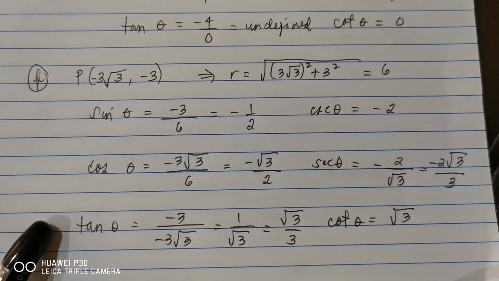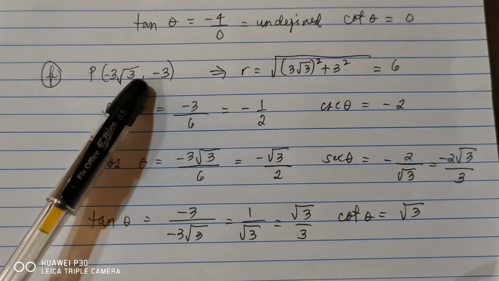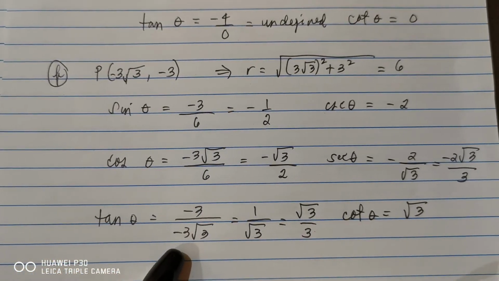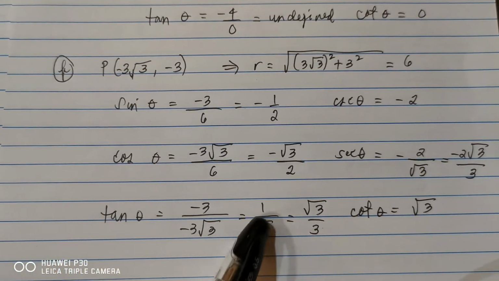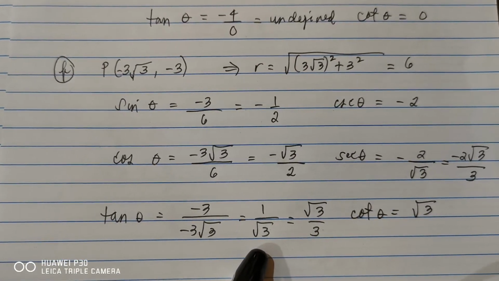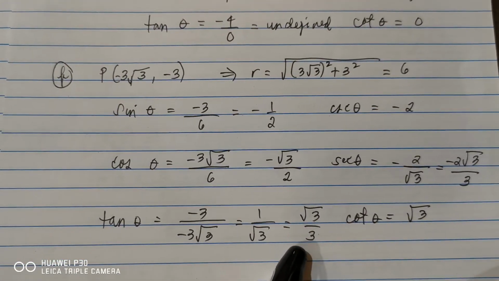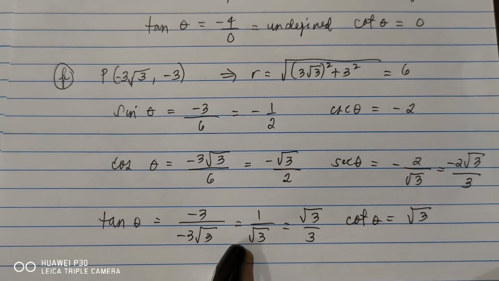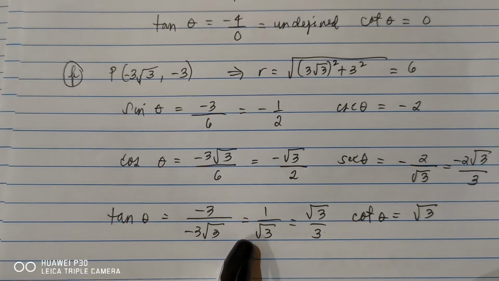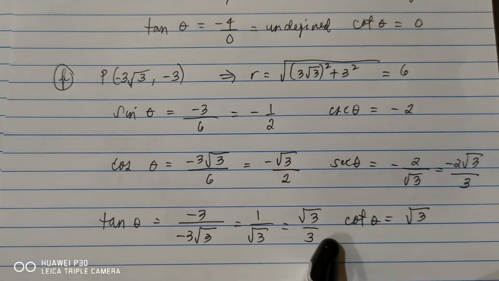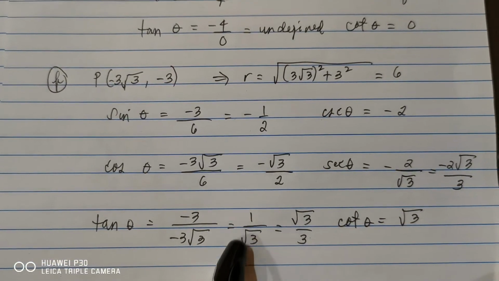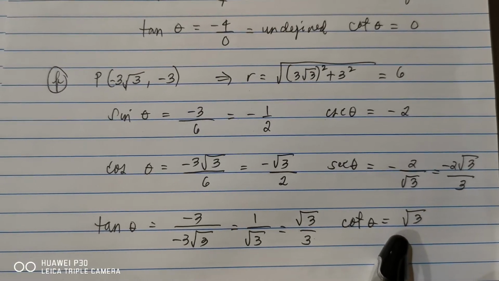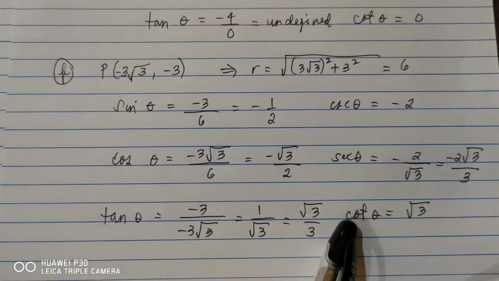Tangent theta is y over x, negative 3 over negative 3 square root of 3, and when simplified is 1 over square root of 3, which is equal to square root of 3 over 3 after rationalization because of the presence of the radical sign in the denominator. The reciprocal of 1 over square root of 3 is square root of 3, so cotangent theta is square root of 3.